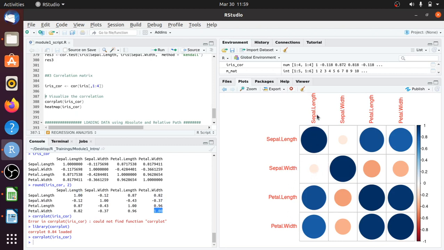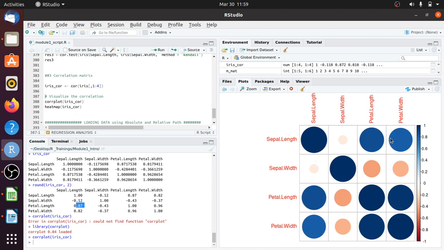So you can see here that there is a strong correlation between sepal length and petal length, and there is a strong correlation between sepal length and petal width. You can see it here also, 0.87. There's a way we do it where we indicate the value of this. It will show this and also indicate the value.